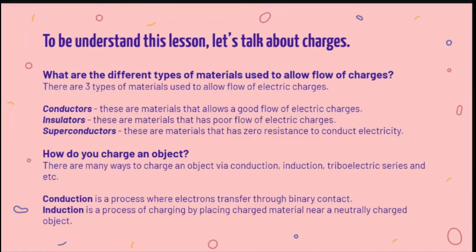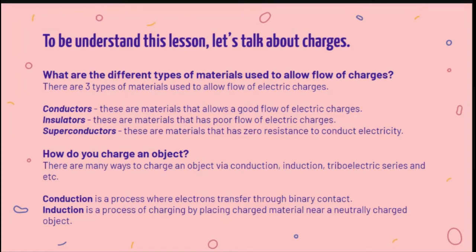And then what happens if a charged material and another material that is not charged come into contact with one another? The electrons from the charged material will transfer to the other material. Thus, the other material, say a neutral particle, will gain electrons. So what will happen during the transfer?